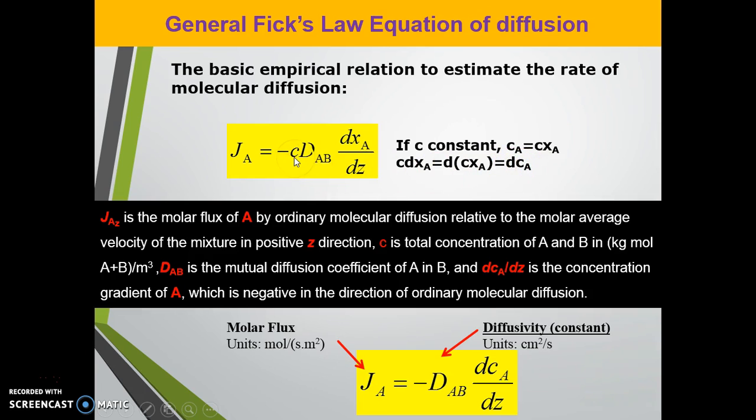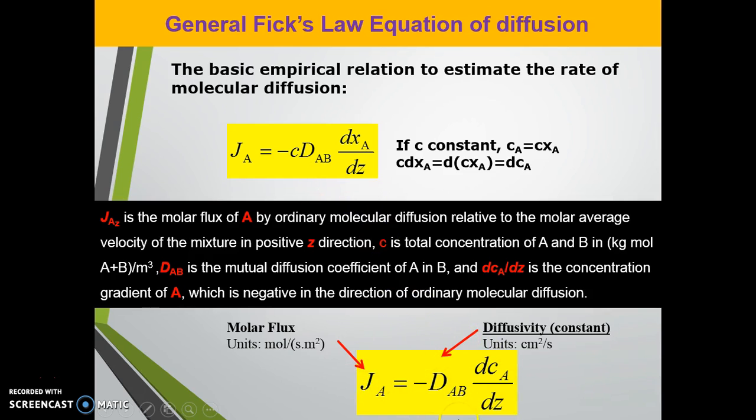So you see over here, C dXA we replace with dCA. Then this C is eliminated and dXA is replaced with dCA, where this equation can be reduced into this equation.